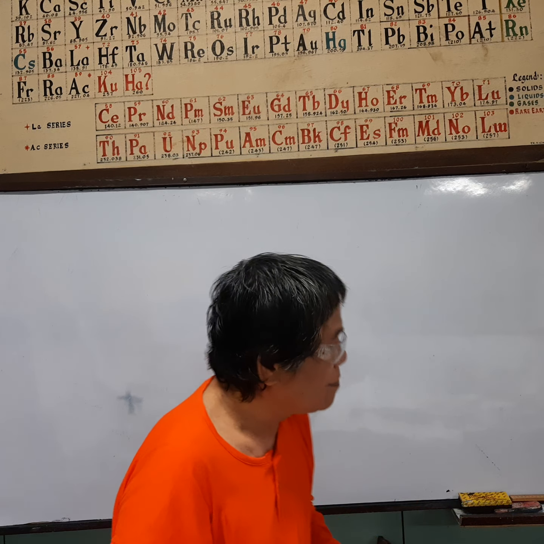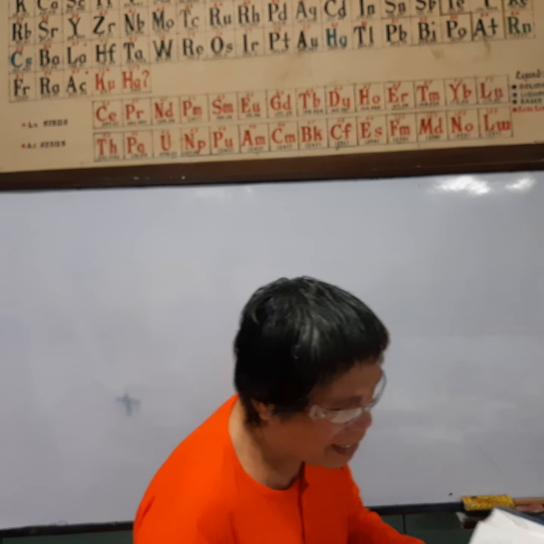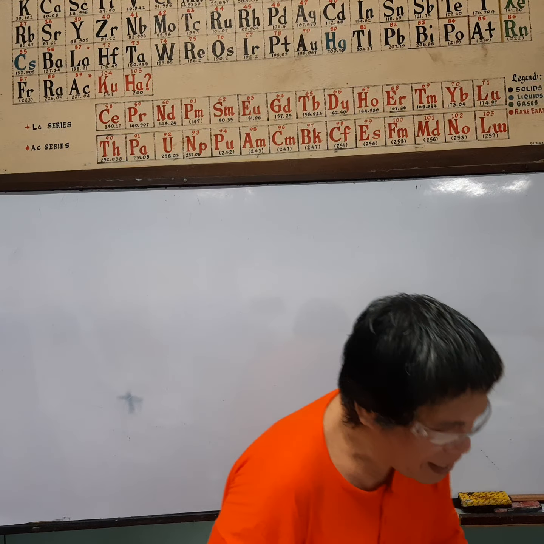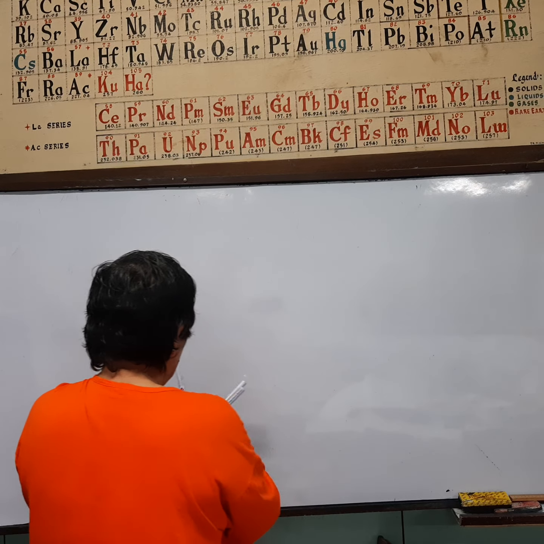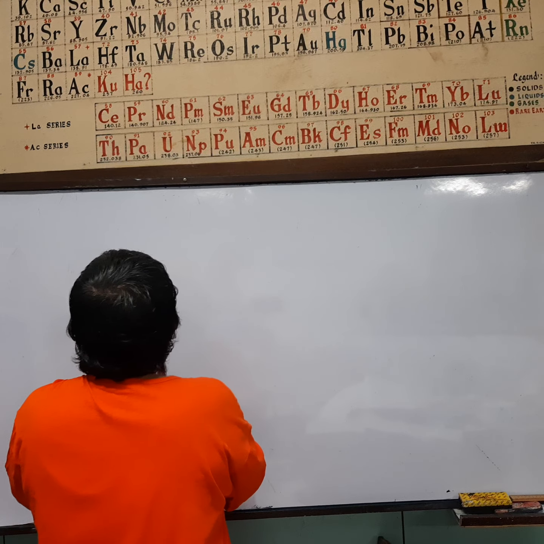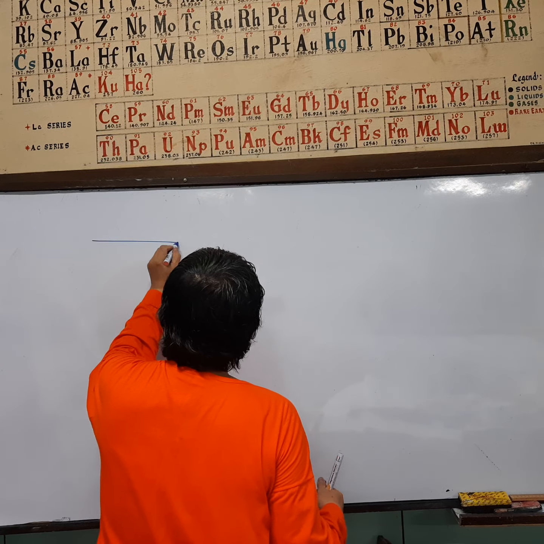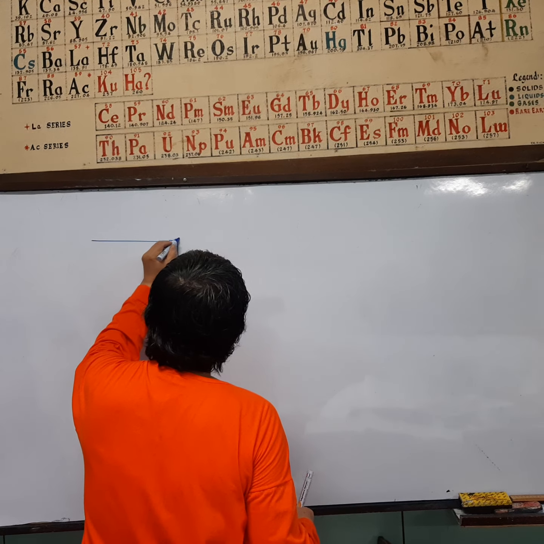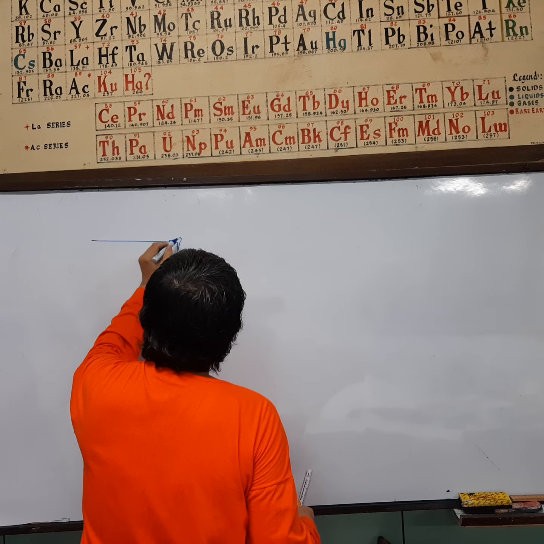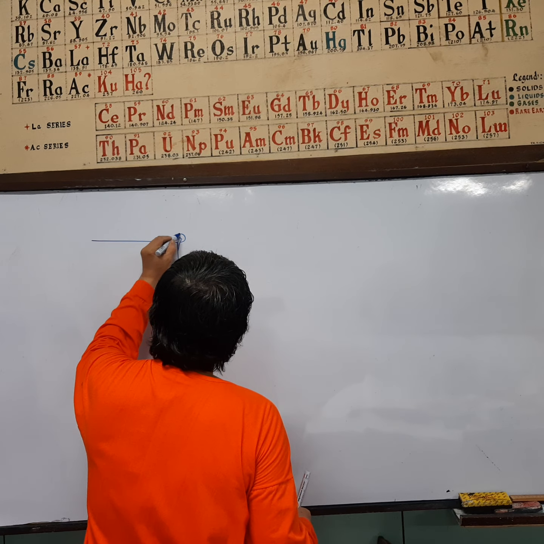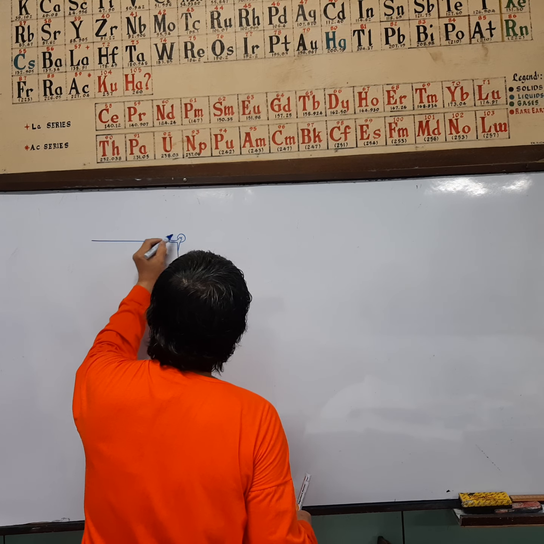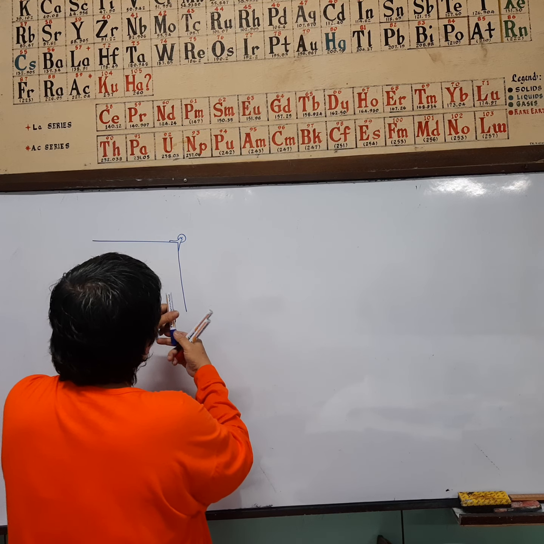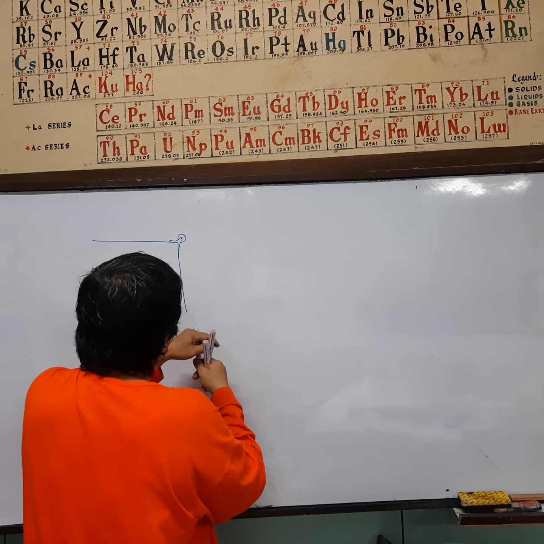Okay, this one. You have this problem, number 92. I will just draw this one immediately. There is this table. You have here a pulley. Then you have here the string.